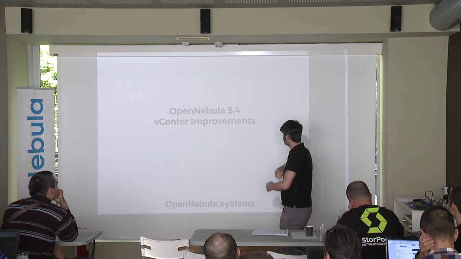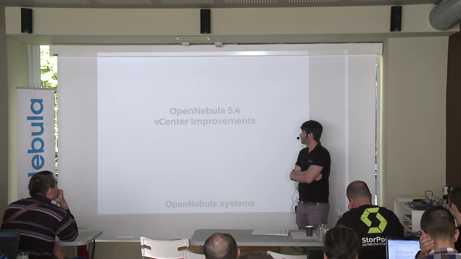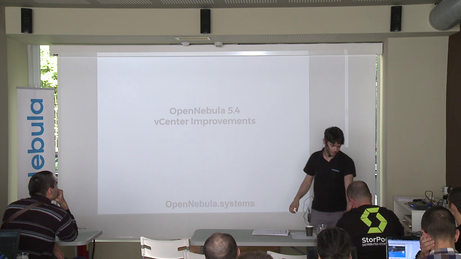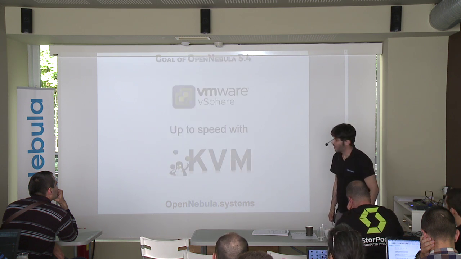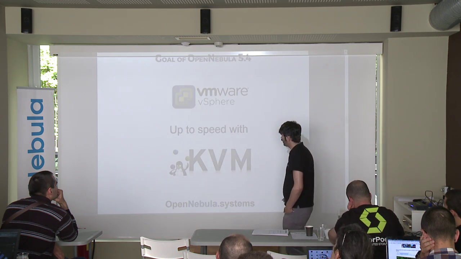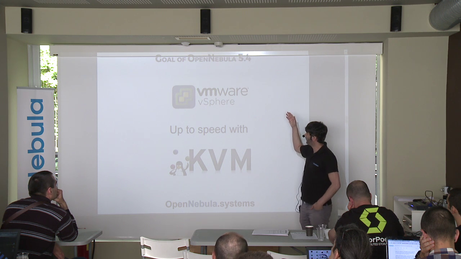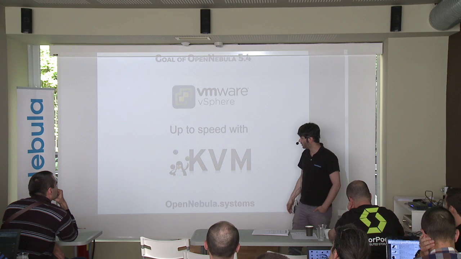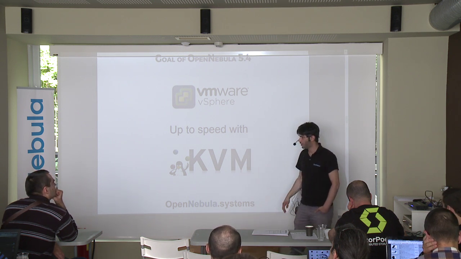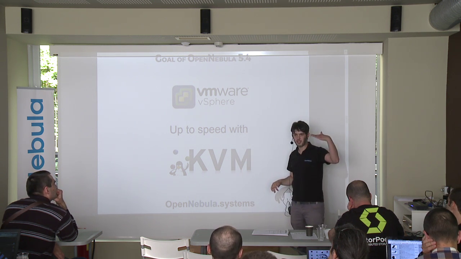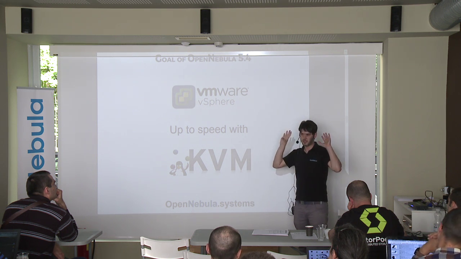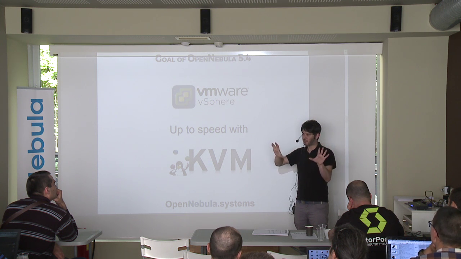So what have we been working on for OpenNebula 5.2, 5.4? We try to make VMware be at the same level as KVM. The thing is that until now, KVM was the hypervisor that could do everything. If you see what's in the Sandstone web interface, you can do everything that's in Sandstone with KVM.